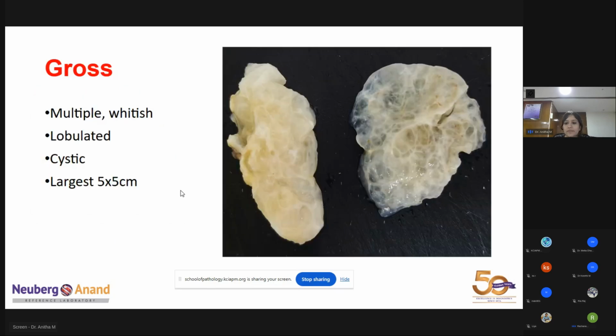Grossly, we received multiple glistening, whitish, soft tissue fragments, the largest measuring about 5 by 5 centimeters. These fragments showed a few cystic spaces, a few of which were filled with mucoid material. There were no bony tissue fragments.